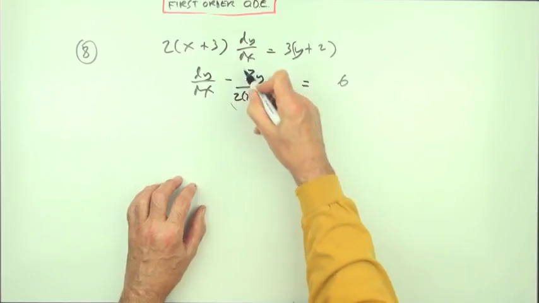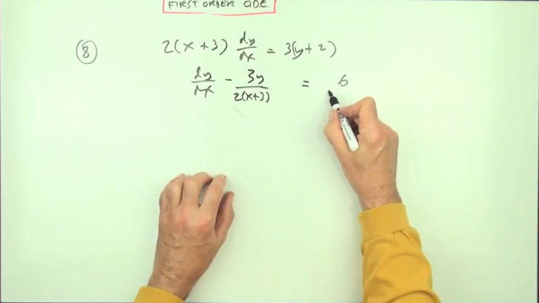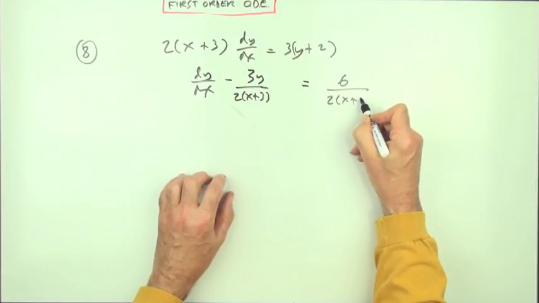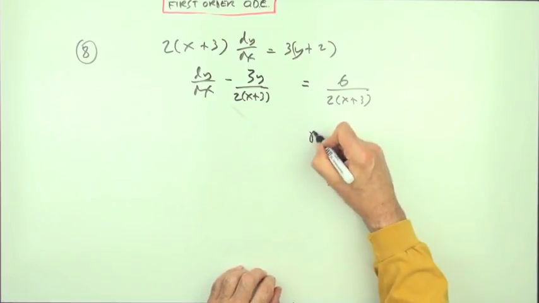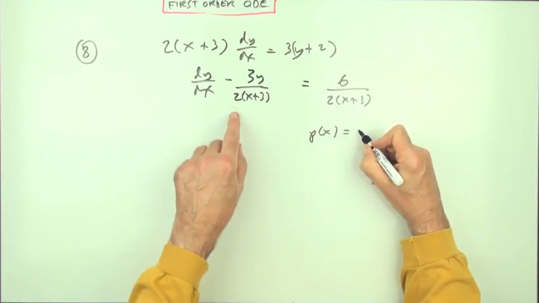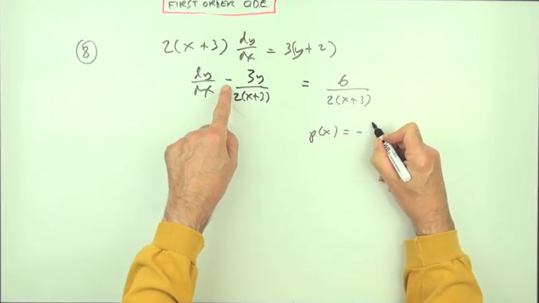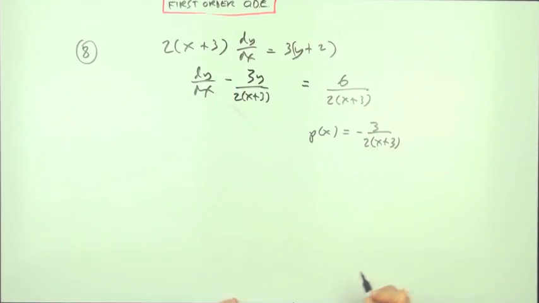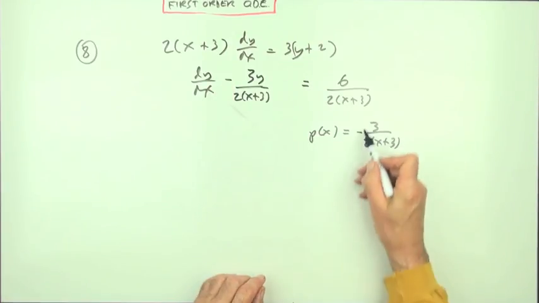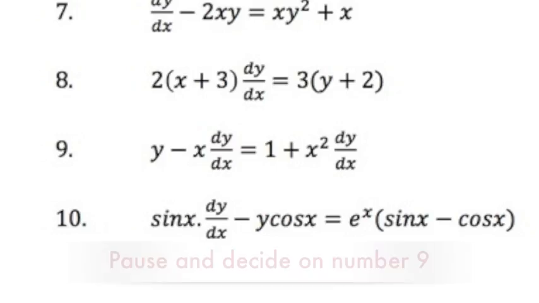Notice that same term is applying there. And that would be your integrating factor. So, p of x would be negative 3 over 2 times x plus 3. And then the integrating factor would be e to the integral of this.